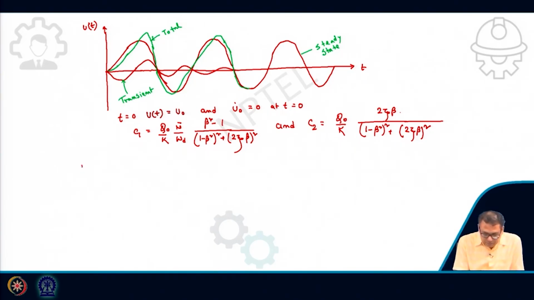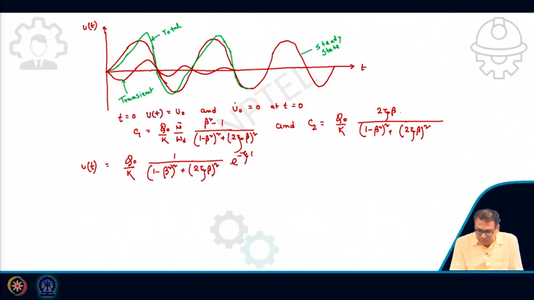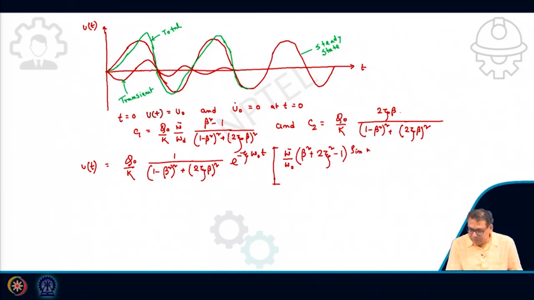Okay, so the final response will be u(t) is equal to Q0 by K, 1 minus beta square whole square plus 2 damping ratio beta whole square, into e to the power minus damping ratio omega 0 t, then this part is omega bar by omega 0 beta square plus 2 damping ratio square minus 1 into sine omega d t, then plus 2 damping ratio beta cos omega d t.